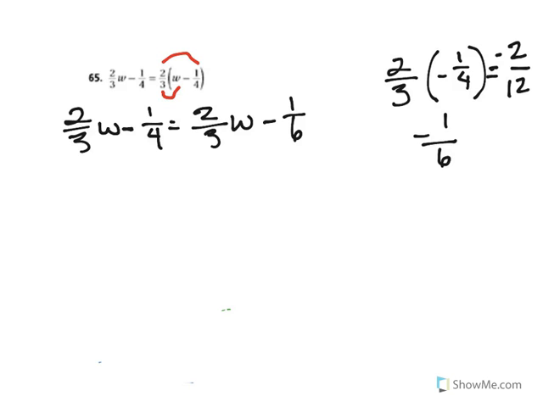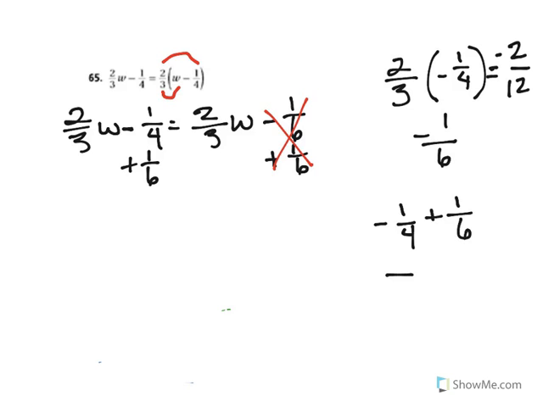So if I decide to add my fractions, I just have a little bit more work to do. Now, I know on this side it would cancel out, but on the other side, I have fractions. And I have a negative 1/4 plus 1/6.